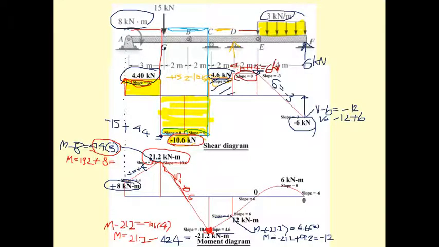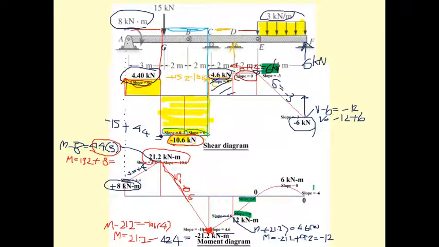Okay, and then the last part of this, you move to the portion with the value of 6. So the slope here is going to be plus 6.